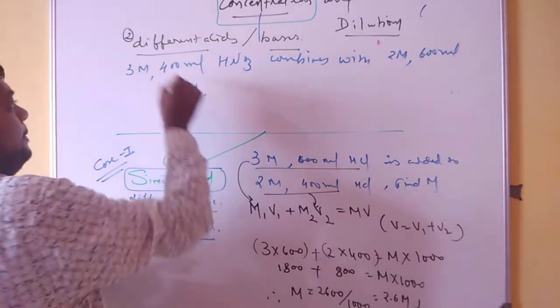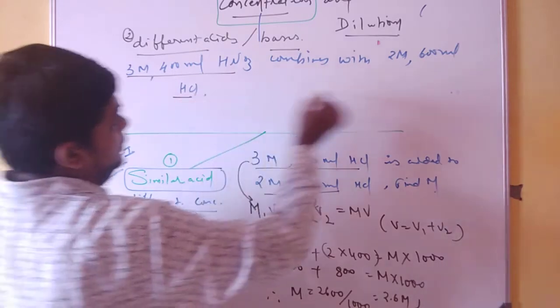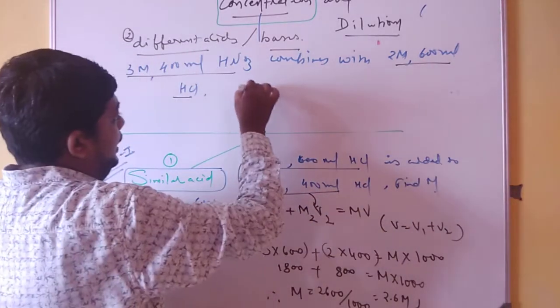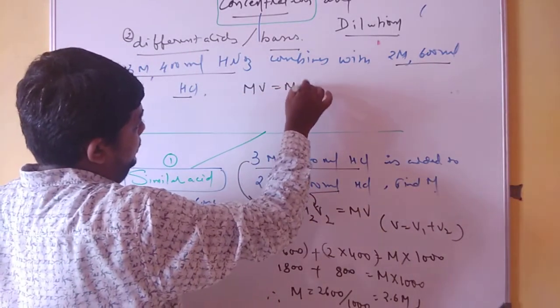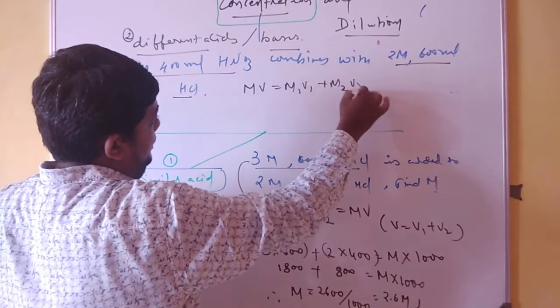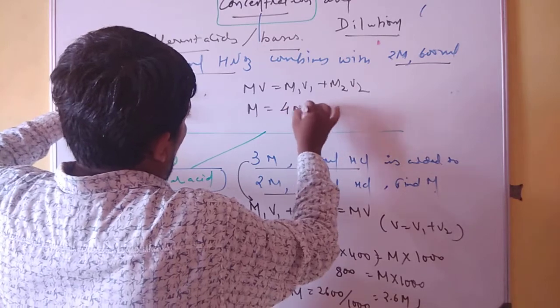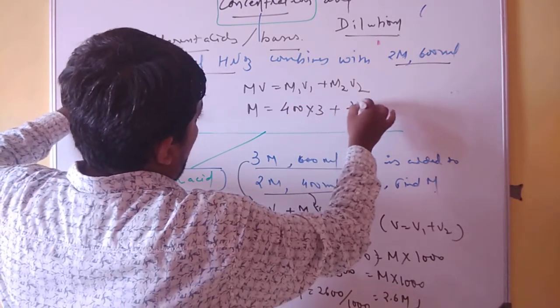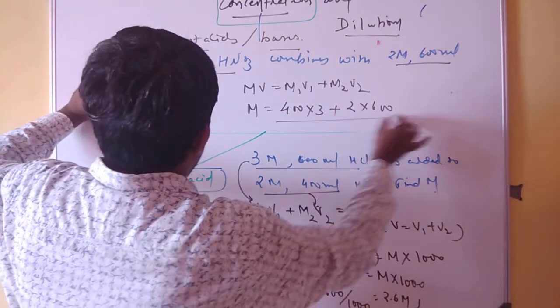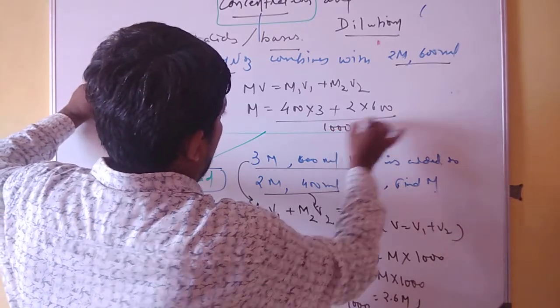Over here, just focus on this data and again it is MV is equal to M1V1 plus M2V2. M is equal to 400 into 3, 2 into 600 divided by 1000.